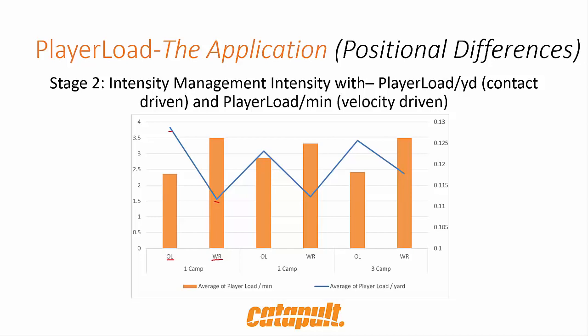And like I said, this is heavily influenced by contact, so we'd expect the offensive lineman to have a higher number here. And when we're looking at player load per minute, we'd have the flipped.